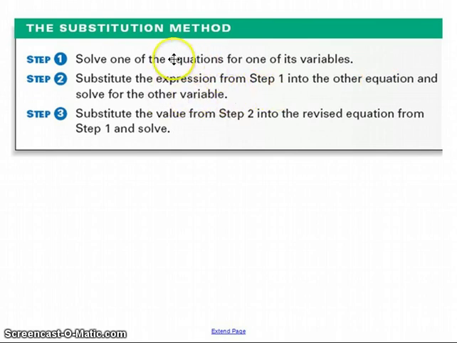So in other words, if you rewrote one of the equations to become x equals, then you plug the new expression that you got in place of x, and you'll solve for y. Once you've got that answer for y, plug that y value back into the revised equation from step one and solve it now for x.